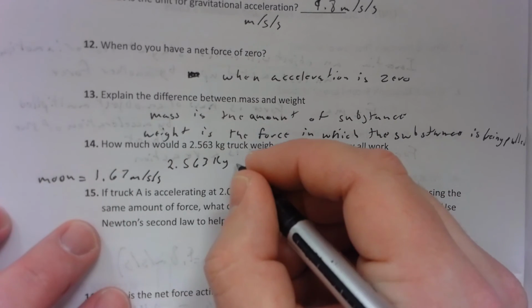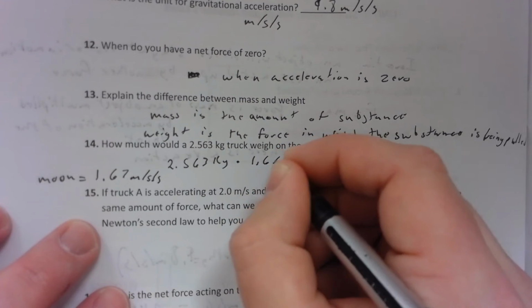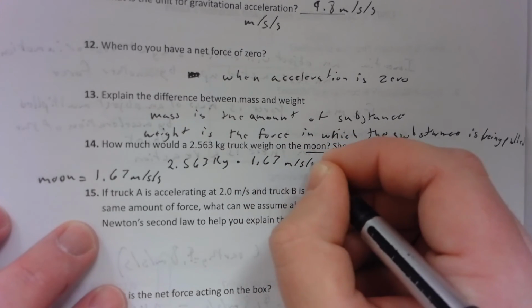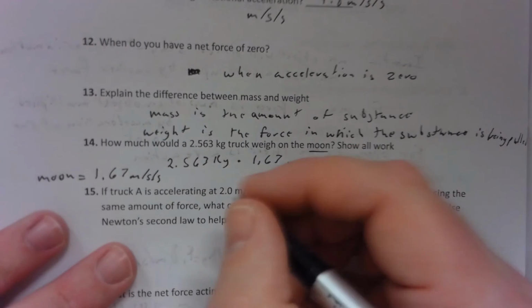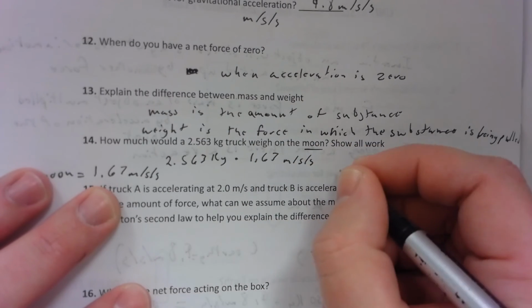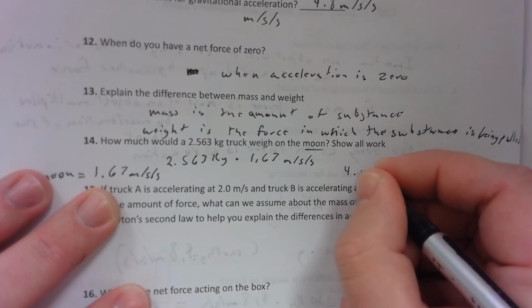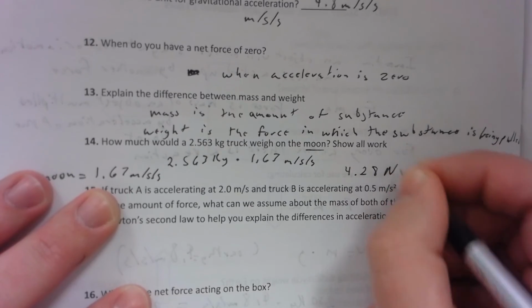So we multiply 2.563 times 1.67, and that gives us an answer of 4.28 newtons. Alright.